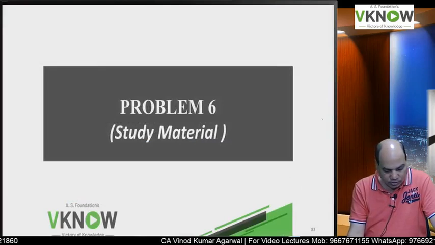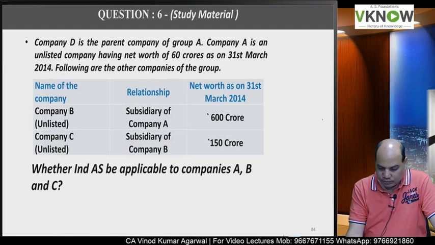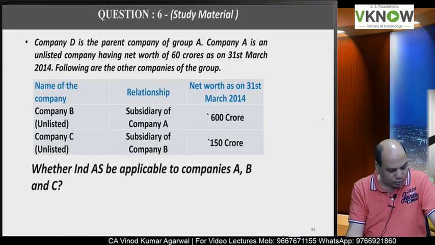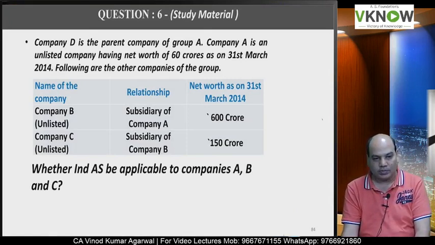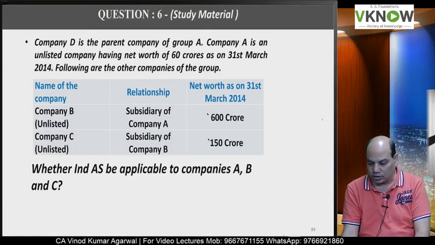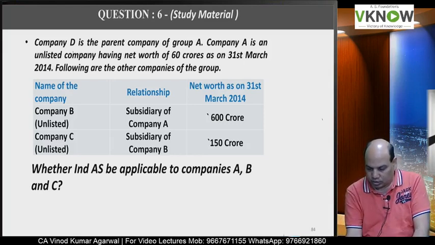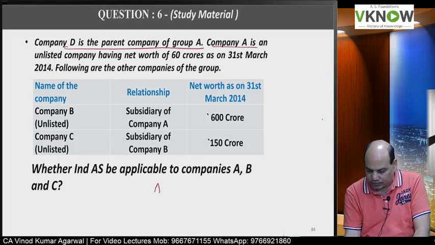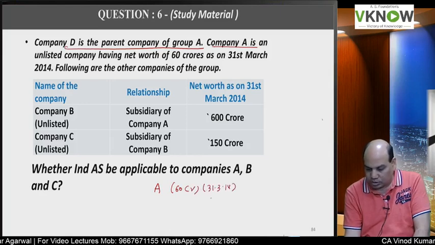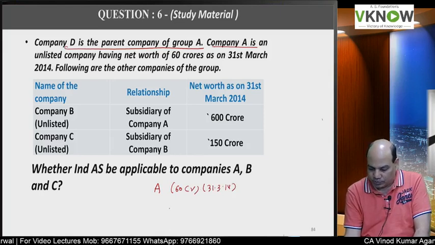Question number 6. Source: study material, write it down. Company D is the parent company of group A. A is an unlisted company having a net worth of 60 crore on 31st March 14. Following are the other companies of the group.